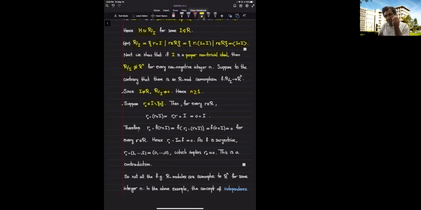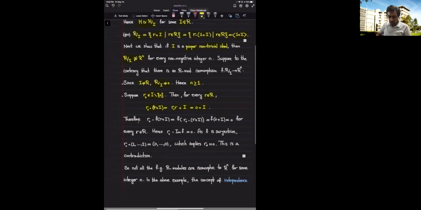Now, for every element that you give me inside this quotient, it can be represented by some element r. When I multiply it by r naught, I get the coset that's represented by r naught times r. But remember, r naught is inside this ideal. This ideal is closed under multiplication. So r naught times r is inside this ideal, which means this is the trivial coset. Which means r naught times every element of R over I is 0.